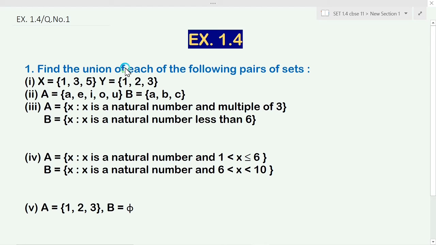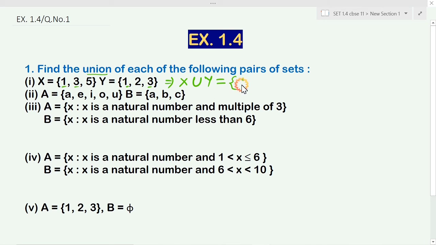Now we solve exercise 1.4. The first question is you have to find the union of these sets. The first two sets are X and Y. So you have to calculate the union of X and Y. So X union Y equals, first of all you write the common elements of X and Y, that is 3 and 1.